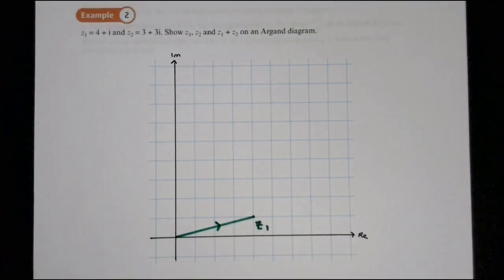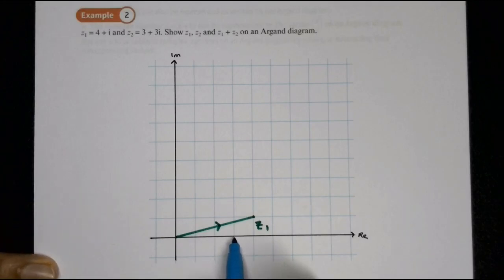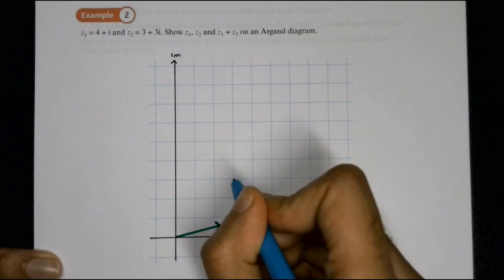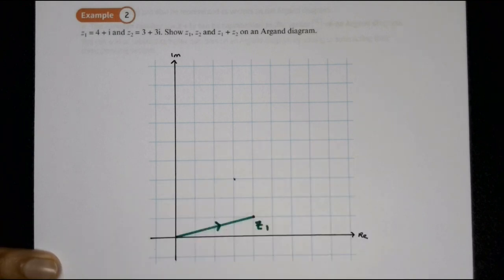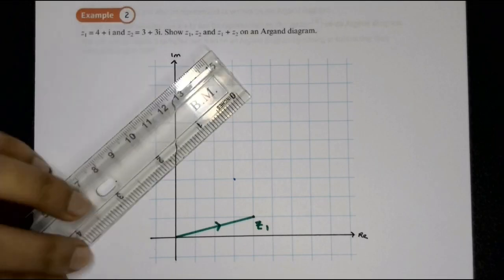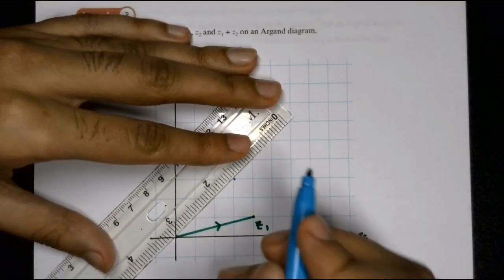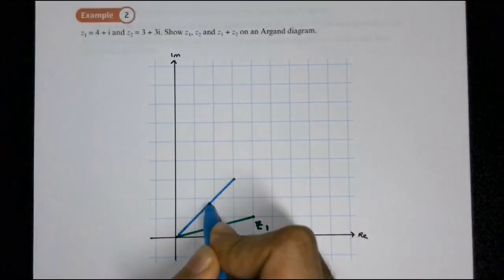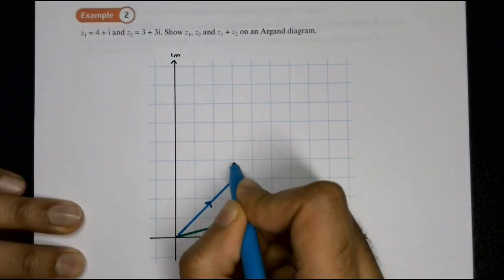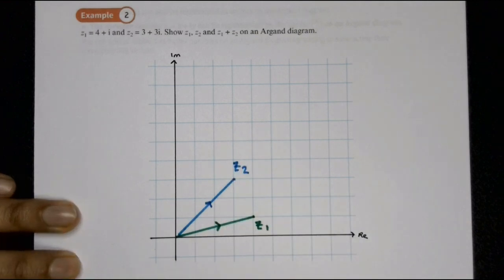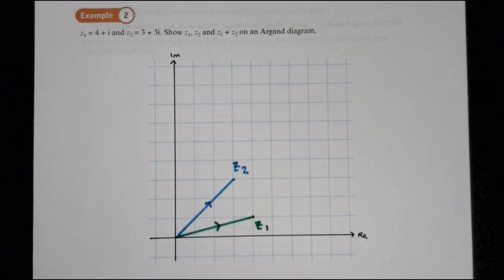And if we show z2, where we have 3 plus 3i, 3 across the real axis, 3 up the imaginary axis, you can see here we have z2, and if we were to show this, here we have z2. Now when we come to show z1 plus z2, you can think of this as adding two vectors together.